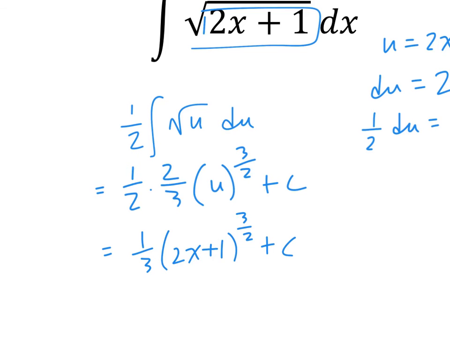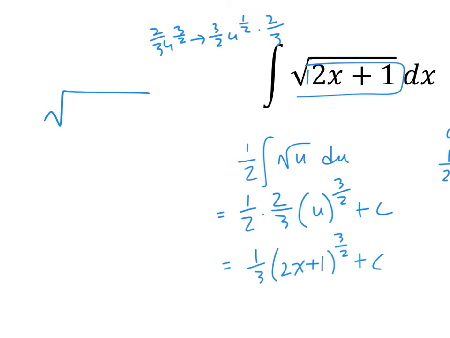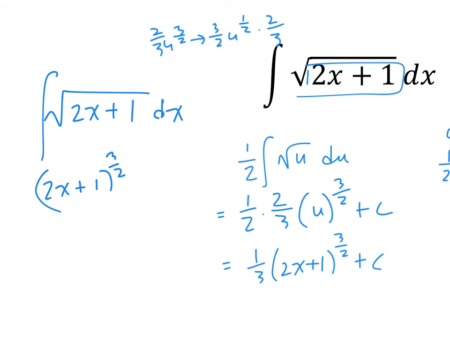Could you do it normally without substitution? Yes, you could just guess. Square root of 2x plus 1 dx. I would guess the integral is going to be (2x plus 1) to the 3/2, because the integral of a square root is one power higher.